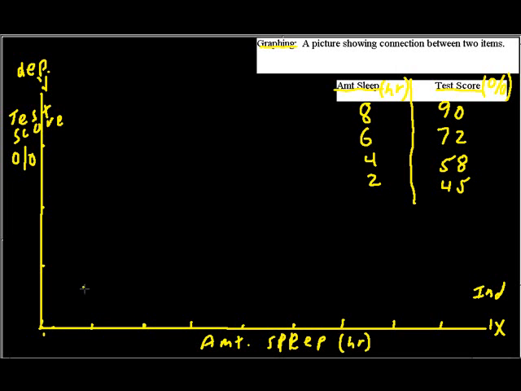Now, we're going to have to figure out what we're going to mark off as our intervals. And so going back to the original idea, we will start here at 0. Interestingly, you don't always have to, but in this case we will.